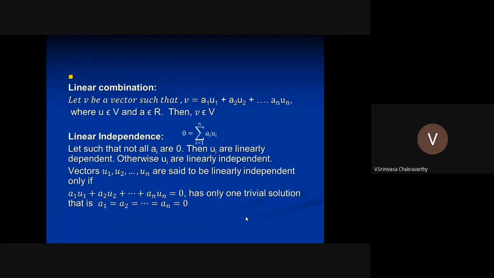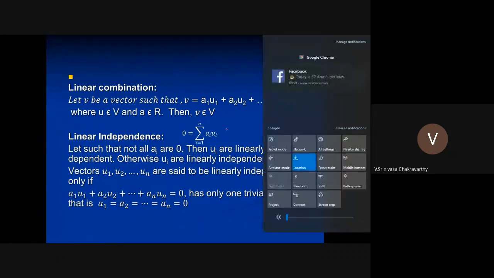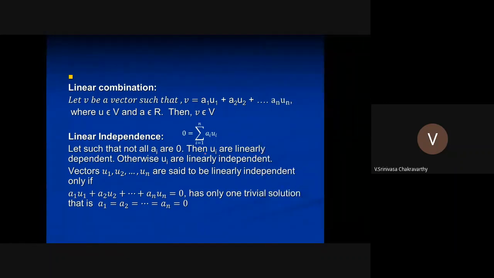Now, once you define a linear combination, you can define the concept of linear independence. Let us assume that for certain values of a_i and certain vectors u_i, the linear combination is equal to 0, as you can see here. There's a little typing problem here.